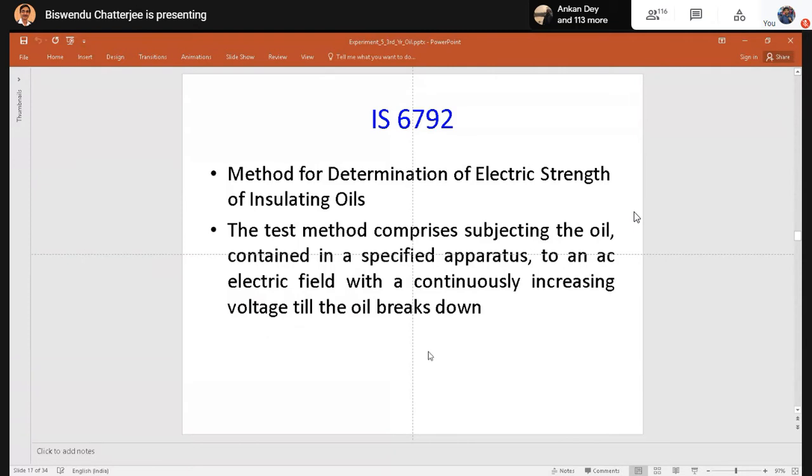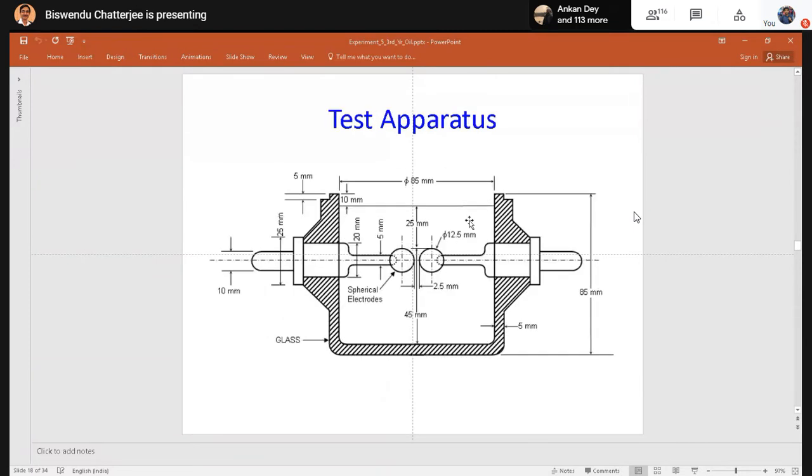We will note that. See here how the test apparatus looks. It is a glass apparatus. Please remember, this is a glass apparatus with two electrodes fixed inside the glass and has a specific dimension. See, the oil is subjected between two sphere gaps spaced by 2.5 millimeter, the diameter is 12.5 millimeter, and all the distances are fixed.